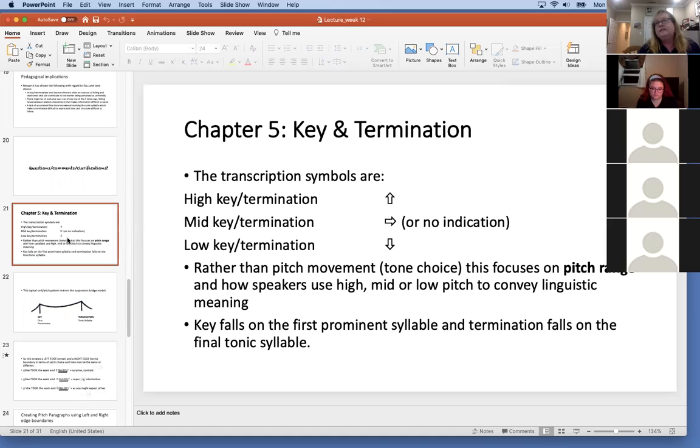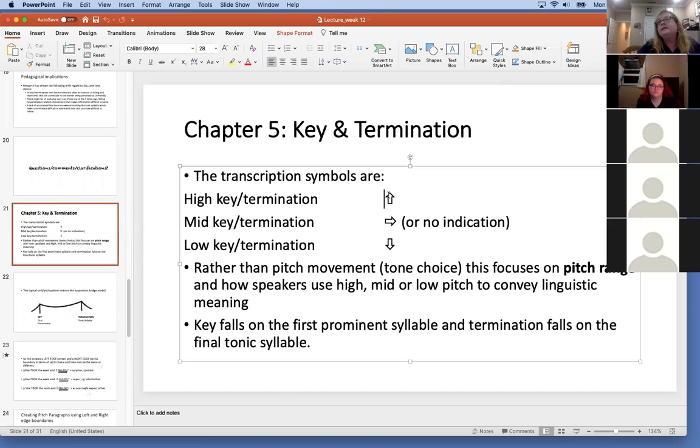So this is focused on pitch range. The high is always indicated with the upward arrow, and the low with the downward arrow. Mid either has a mid arrow or has no indication, because mid is normal. Mid is just like your average pitch range.